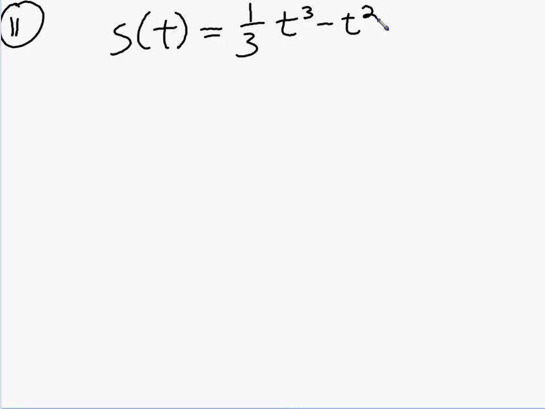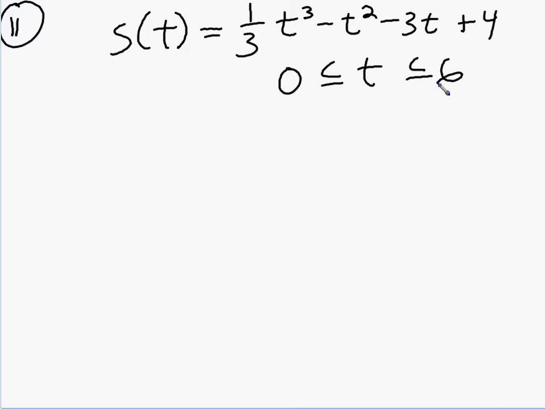If the position of a particle is given by, and I'm going to use S of t just because they use that a lot more, 1/3 t cubed minus t squared minus 3t plus 4. Find the total distance traveled for the times from 0 to 6.